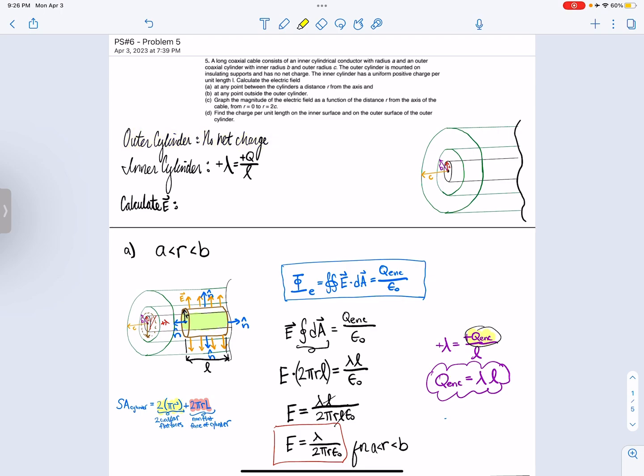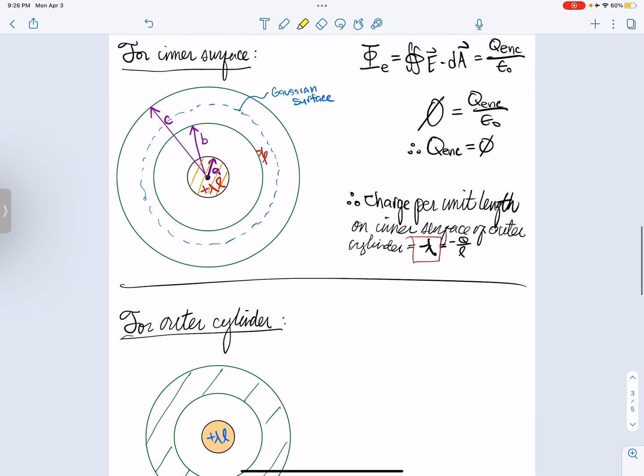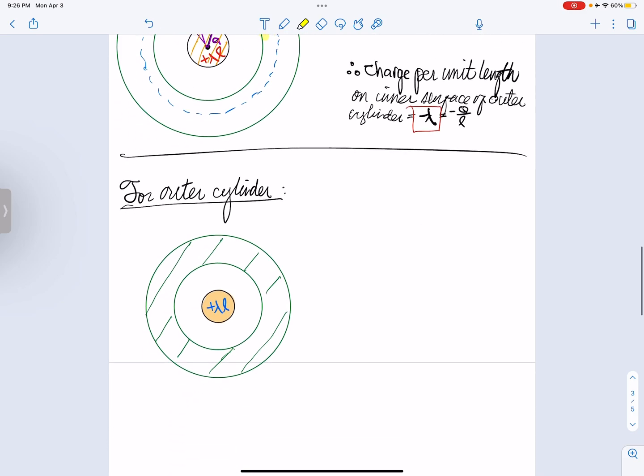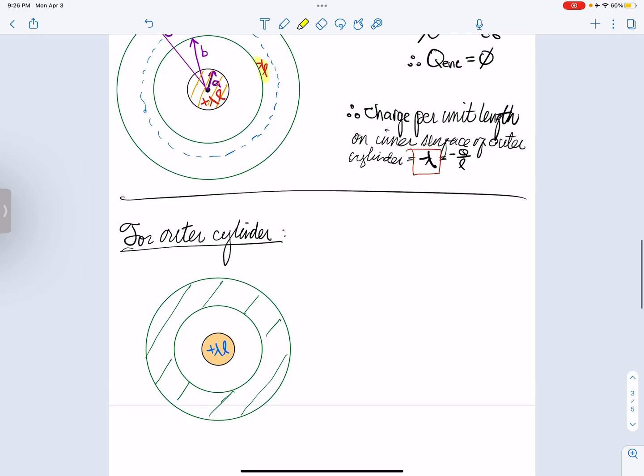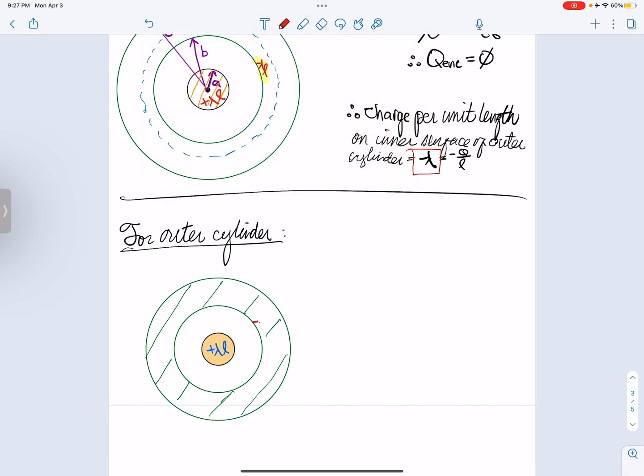And we determined in this part that the inner surface of the outer cylinder has a charge per unit length of negative lambda, a charge of negative lambda times the unit length L. The problem states that there's no net charge on the outer cylinder.